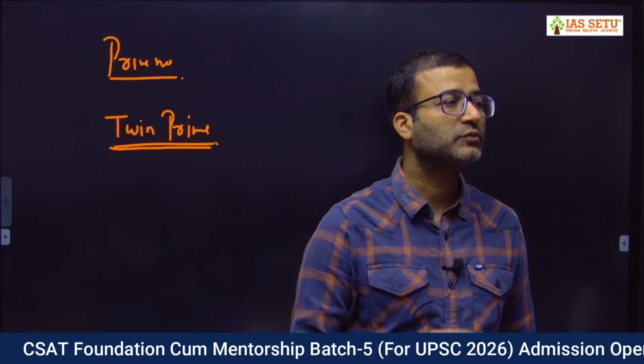Okay. I asked you to remember the first 25 prime numbers, or you have the table with you. Yesterday I gave you a prime number table. So my question is, write down one question and solve it: from 1 to 100, how many pairs of twin primes are there?